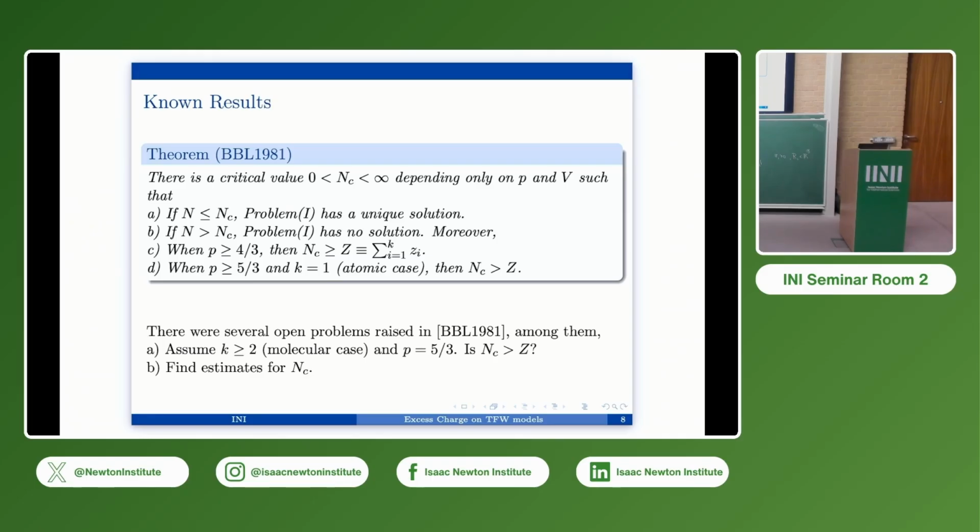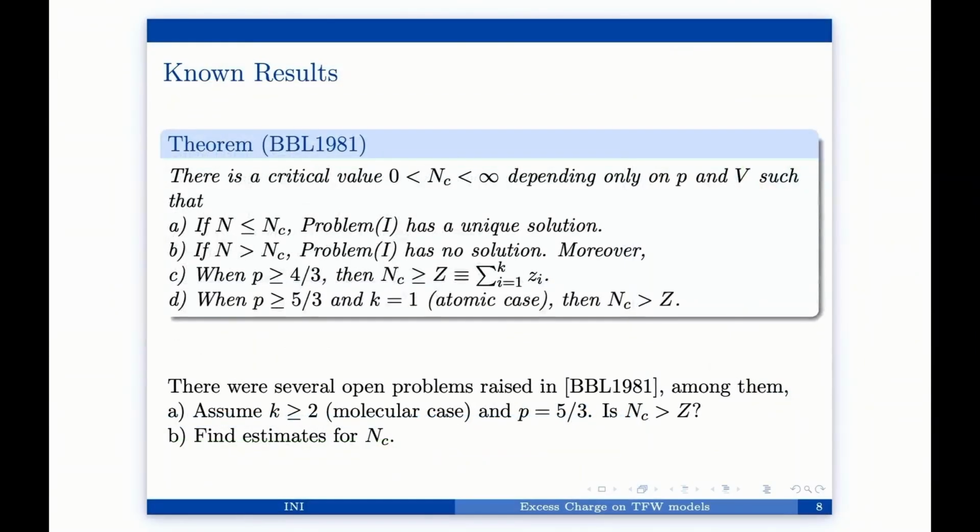And in the paper in 1981 with Chaim Brezis and Elliott Lieb, we proved that there is a critical value of N, which we call N critical, that depends only on p and B, such that if N is smaller than this critical value, the Euler equation has a unique solution, and if N is bigger than Nc, the minimum is not attained and there is no solution.